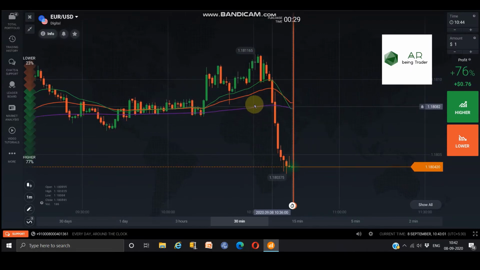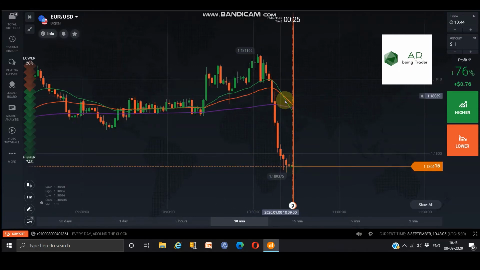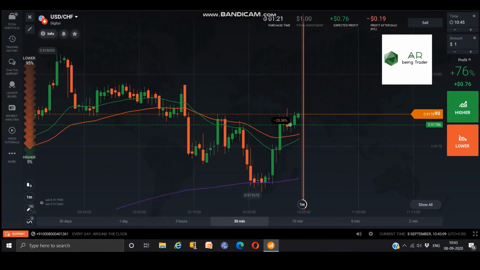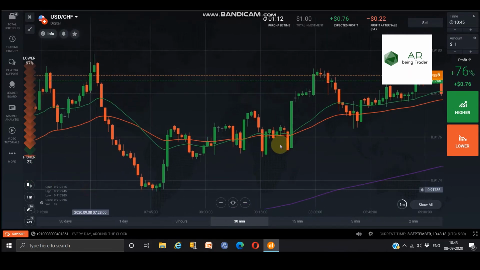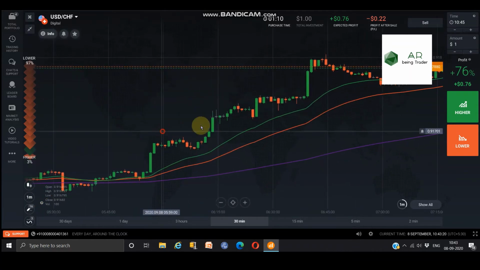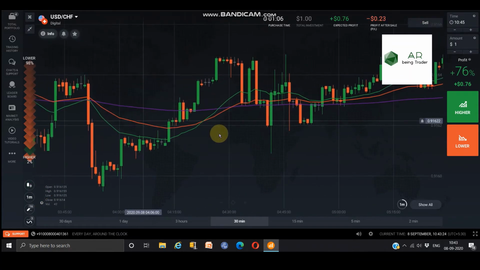If the market is in the downtrend, wait, let me show you a good example. Please wait until these lines come above the 200 EMA. Now let us see.